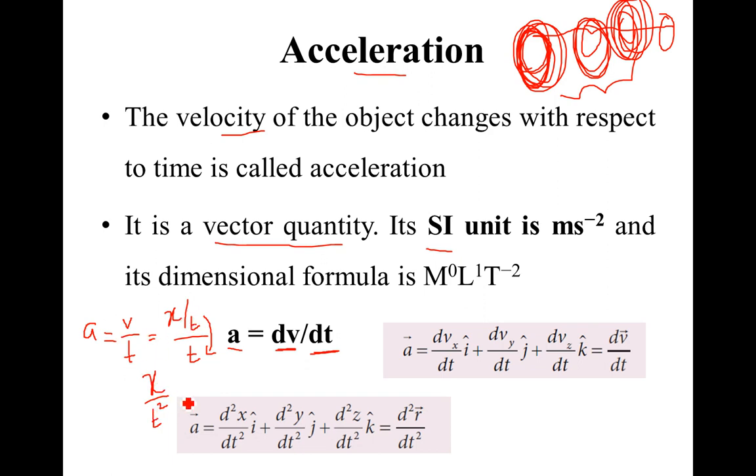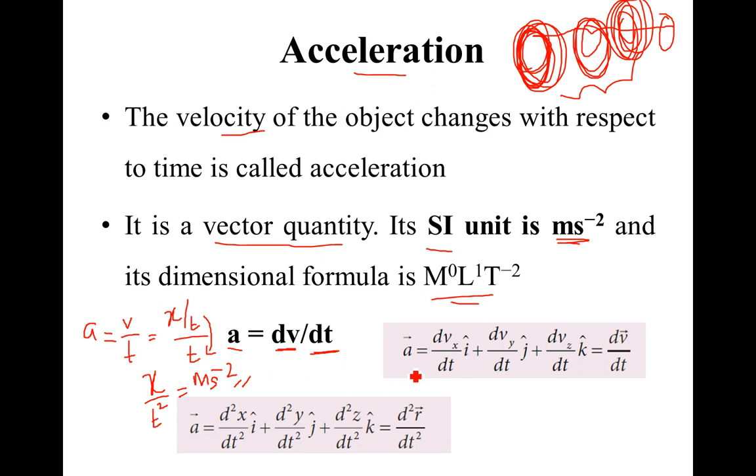The unit of displacement is meter and the unit of time is second, so you have square here. Meter per second square is the SI unit of acceleration. The dimensional formula is M power 0, L power 1, T power minus 2. You will understand this with the dimensional formula in your first unit.